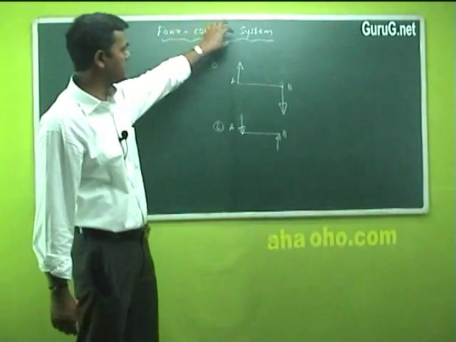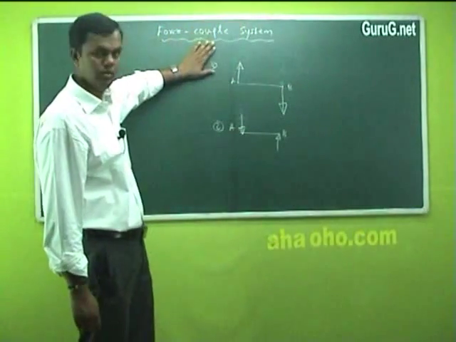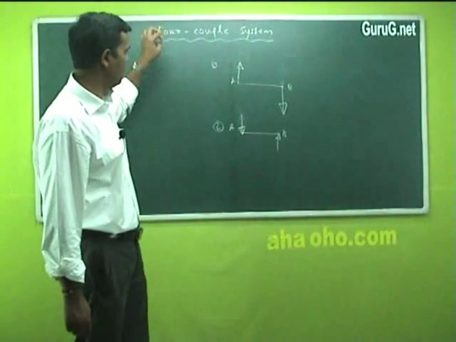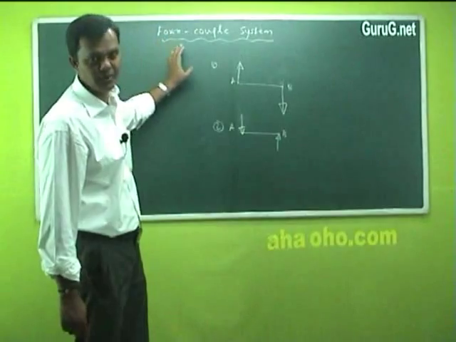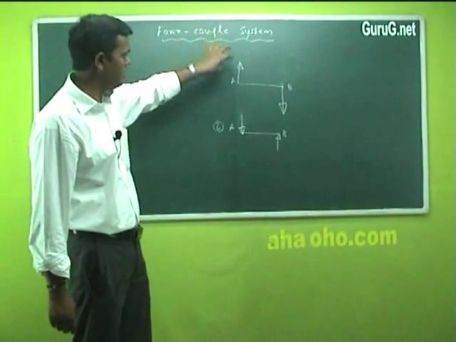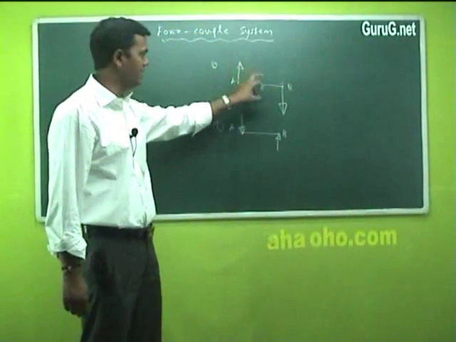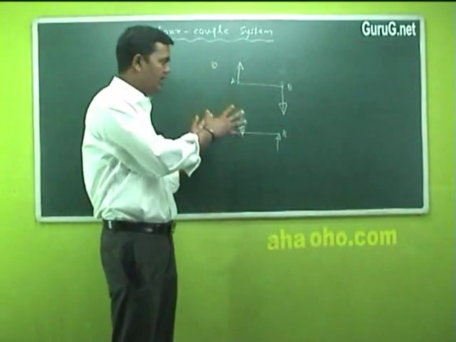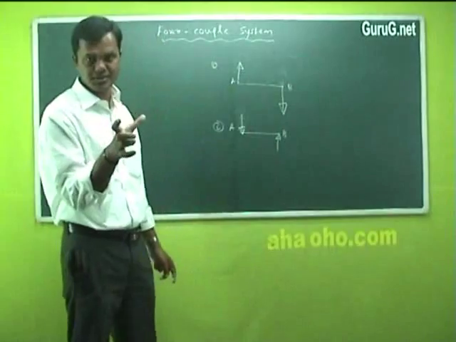So, the force couple system is what we have to study now. Force we already know, its unit is Newton. A couple has two forces, again the unit is Newton, but when you have a couple you will have some distance between the two forces.